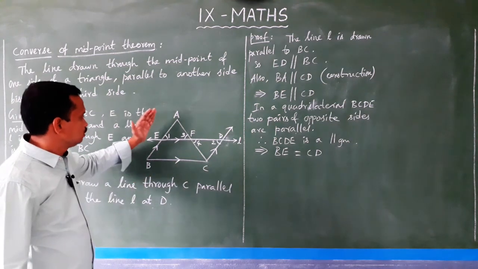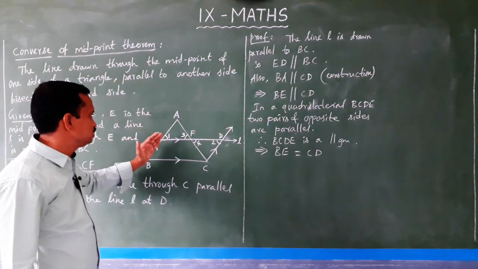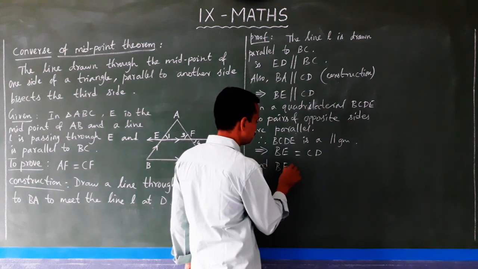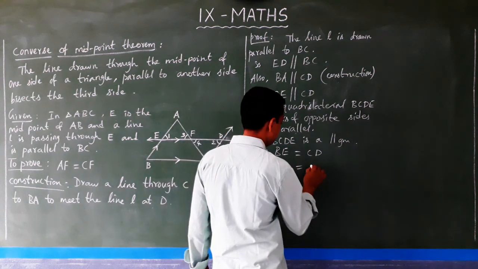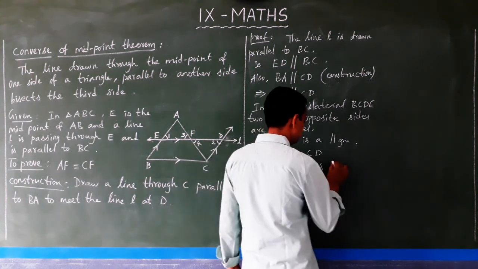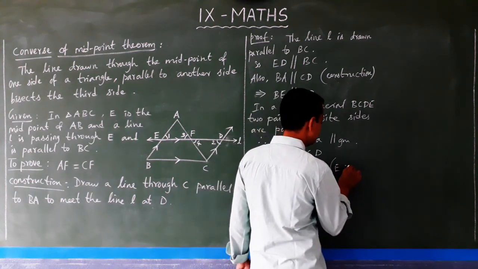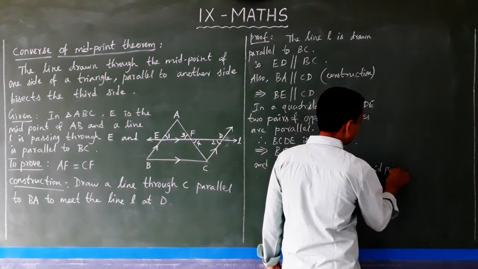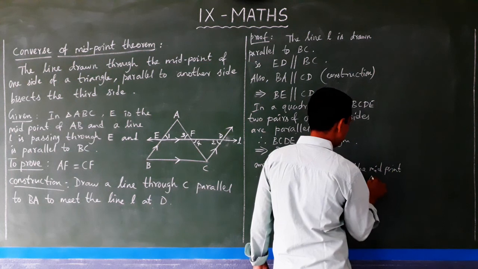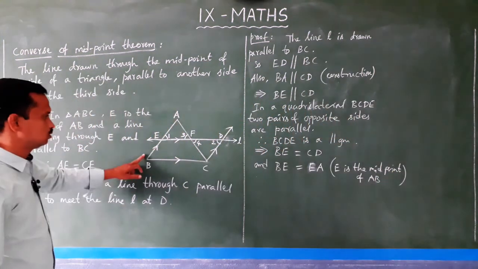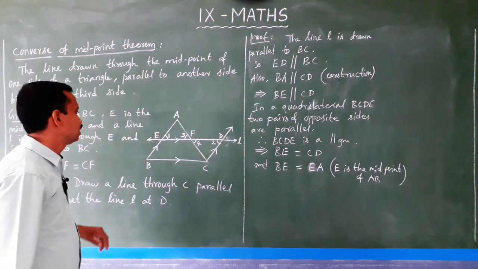And BE is equal to EA, because E is the midpoint of AB. So this is the reason for saying BE equal to EA.